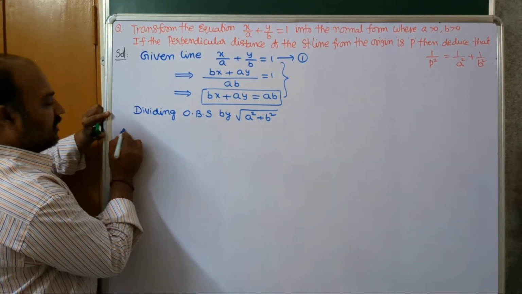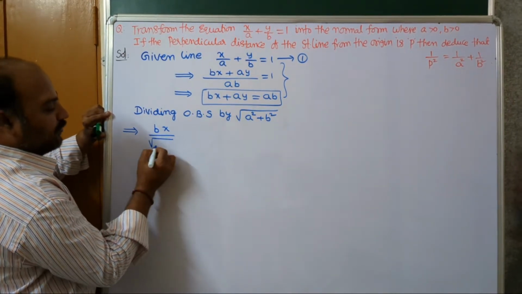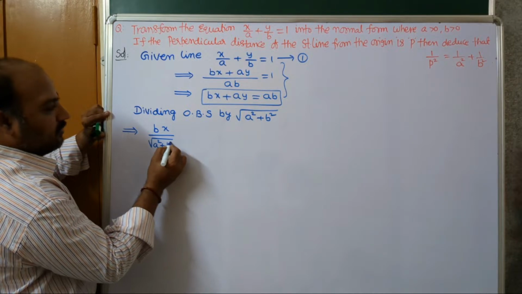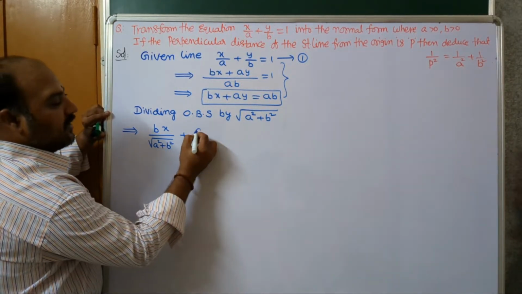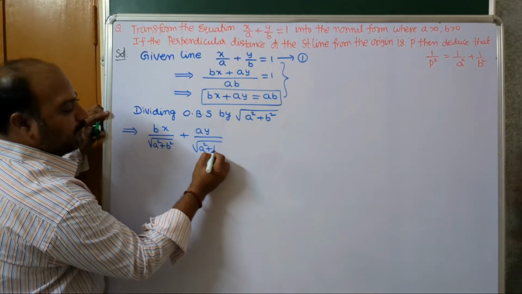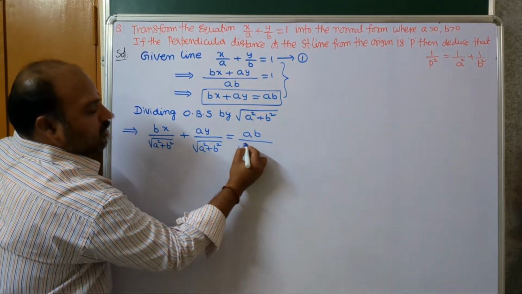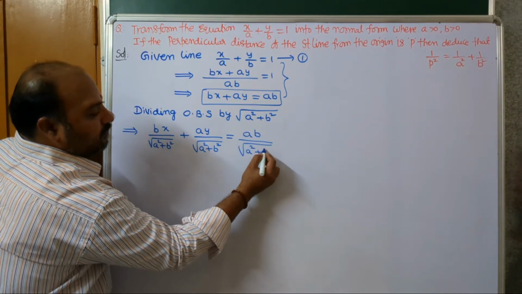So what comes here? bx divided by root of a square plus b square plus ay divided by root of a square plus b square is equal to ab divided by root of a square plus b square.